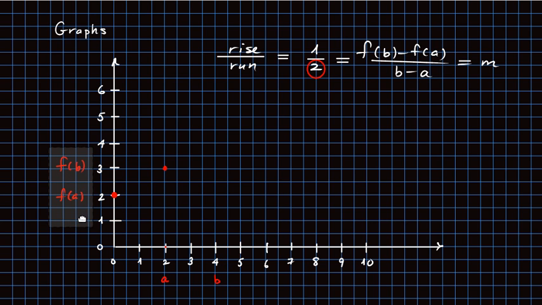Well, that says then the f of a and f of b will also shift. f of a is now 3, and now f of b is going to be 4. That is, if I now rise 1, then I run 2. I run 2, rise 1. The new point, b comma f of b, is here.